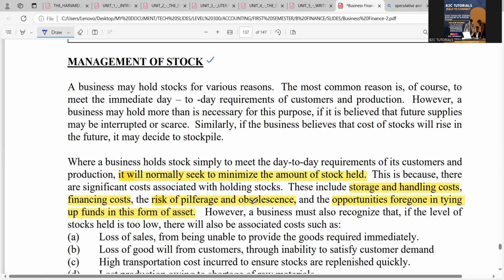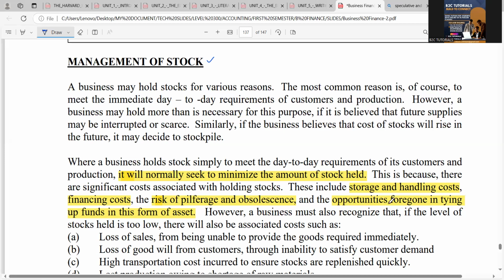So it's the same with stock. So you might think of people stealing, and then also the stock becoming outdated for holding more stock. And then there is the opportunity cost of tying up funds in this form of asset. That is, you have invested all the cash that you have in the stock because you are holding more stock.